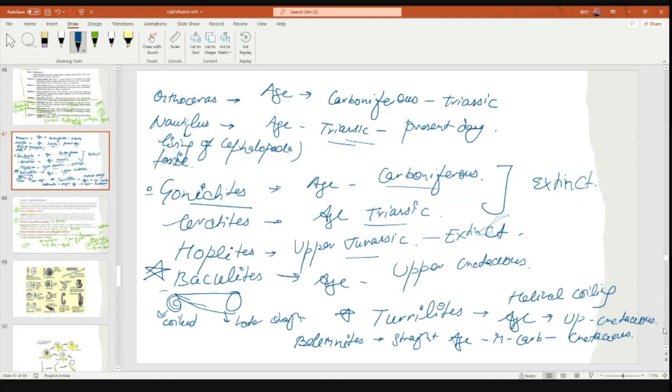Okay, Belemnites is the straight one, which is Middle Carboniferous to Cretaceous. और एमोनोइडिया का होता है हमारा ट्रायसिक टू क्रिटेशियस.